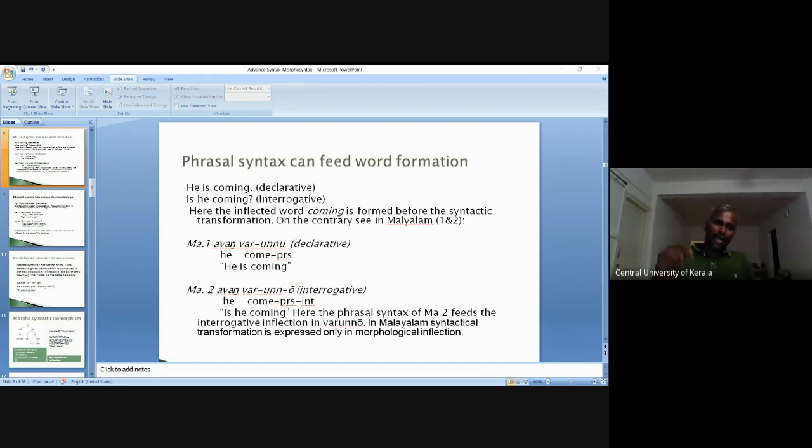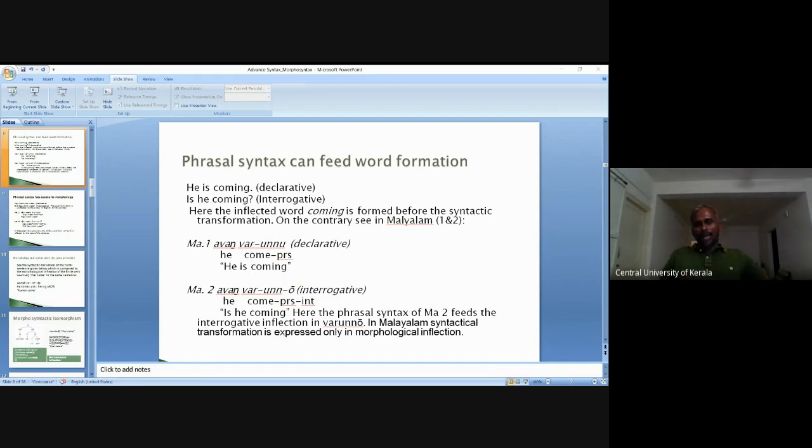The moment you transform drank in the declarative sentence, a lexical change, a morphological change, of drank into drink or did drink in the interrogative sentence, even the syntax is accessing the morphology in English. Therefore, phrasal syntax has access to morphology. This is the second argument.